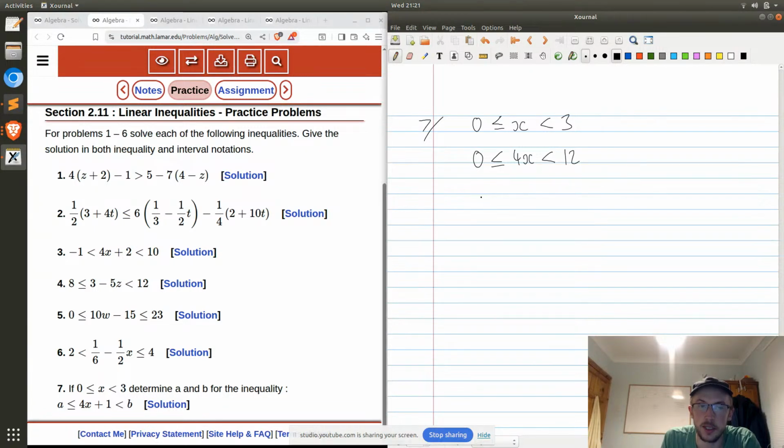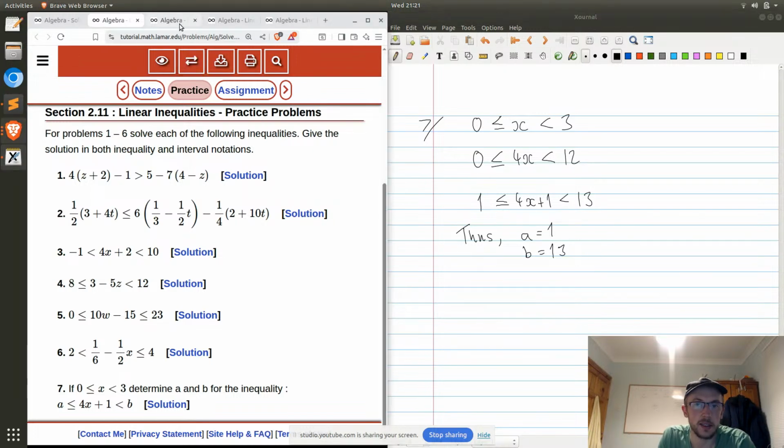And now I shall add 1 to the left and the middle and the right. So 1 there, 4x plus 1 there, and 13 there. Thus, A is 1 and B is 13.